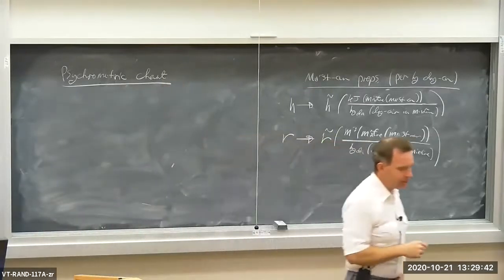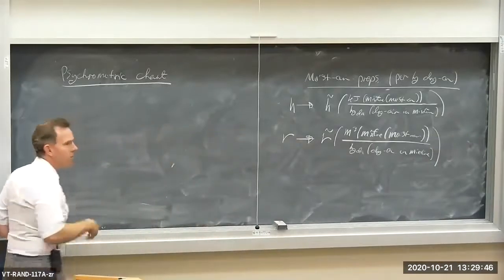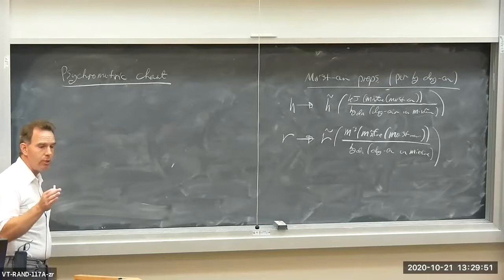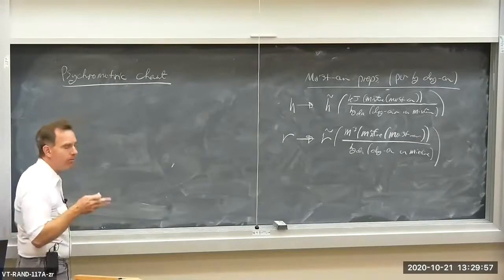So this is a graphic that you can use to evaluate properties for moist air. Moist air at 1 atmosphere. Psychrometric chart properties assume, unless stated otherwise, pressure is 1 atmosphere for the mixture.